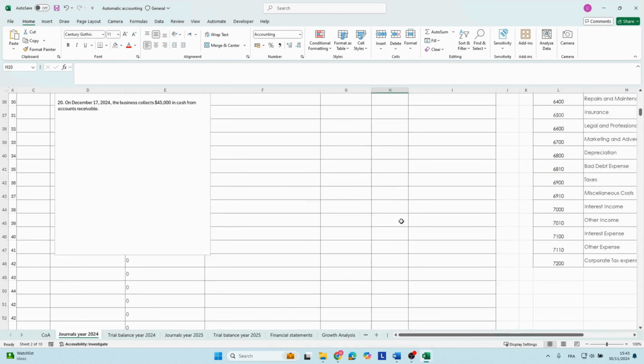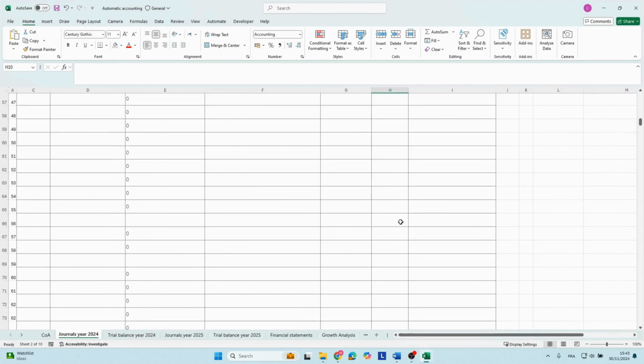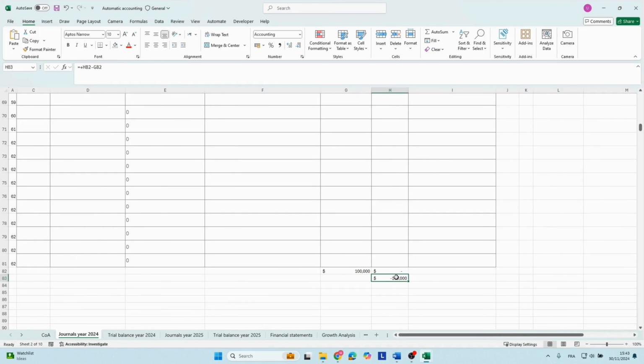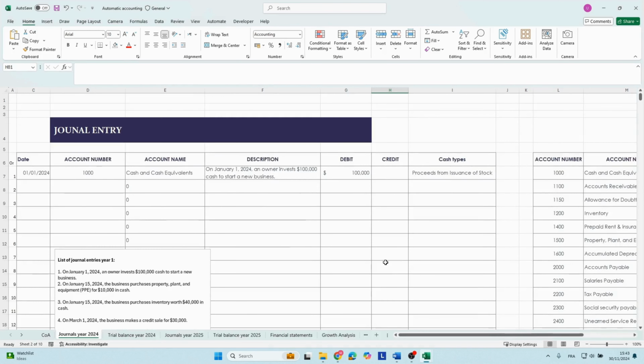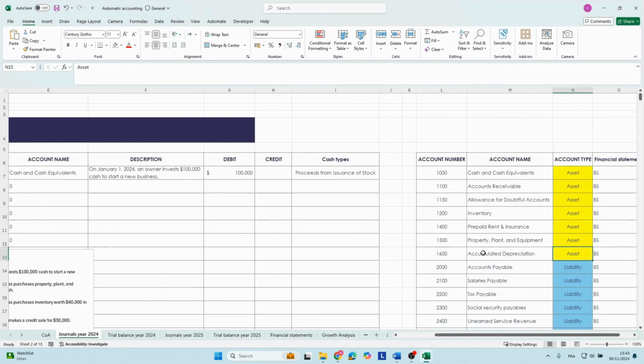If you go down, you see that we have an over 100,000 negative because the credit side is missing. So here we put the same date for the same transaction. Here we need to put the account number. This is shareholders, so an owner invests 100,000. That means we need to use the account for shareholders.